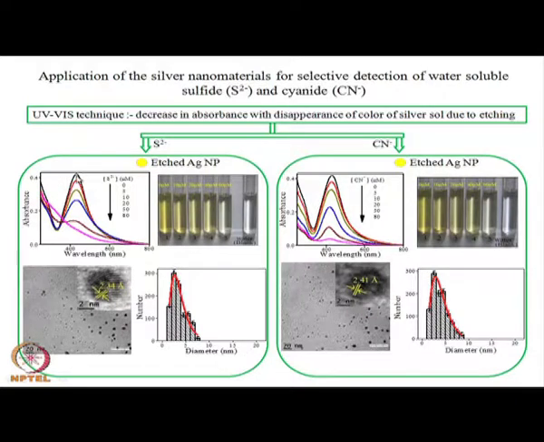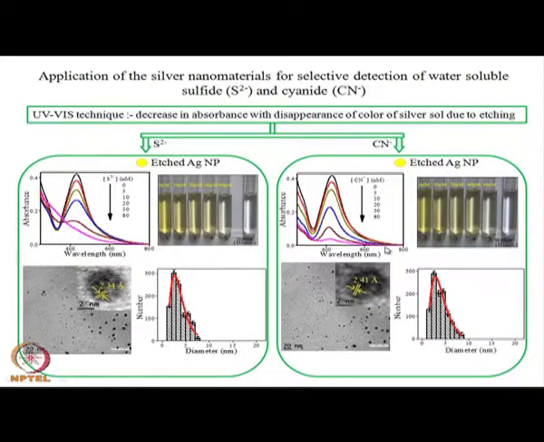When you increase the concentration of added sulfide or cyanide, this band decreases. If you look into these test tubes containing nanoparticle plus different concentrations of sulfide, you see the color fading. It is more yellow, then less, and at about 60 micromolar it is very similar to water, as if there is no color. The color is completely lost.